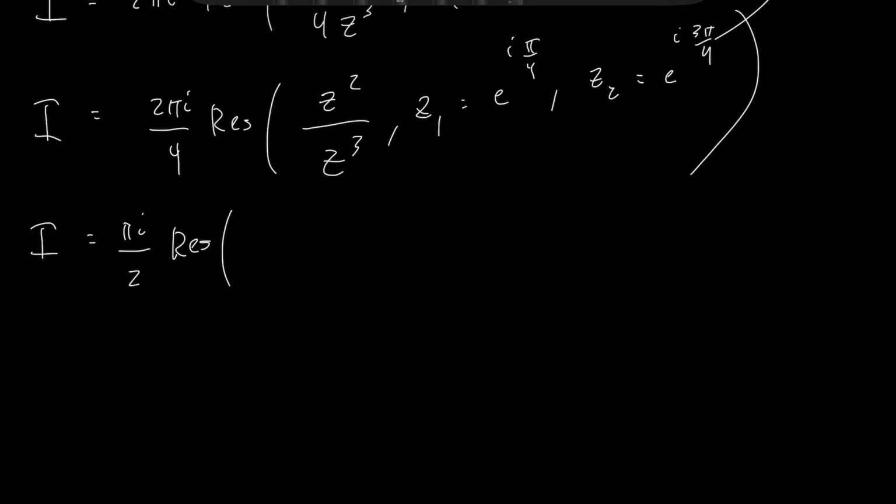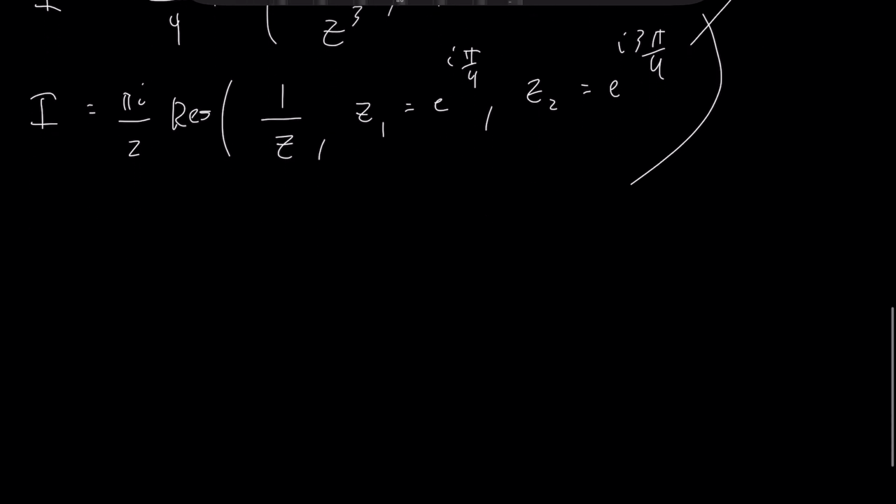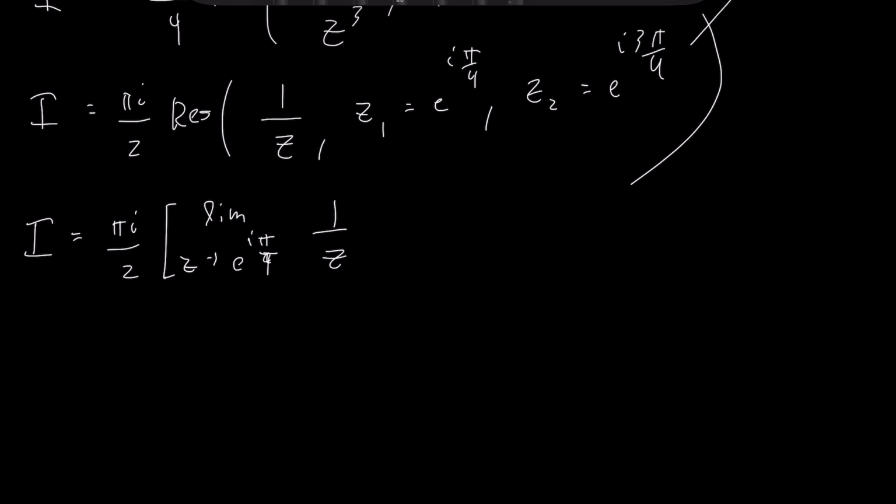We have the residue of, this will turn into 1 over z, and z1 is e to the i pi over 4, z2 is e to the i 3 pi over 4. So now all that's left is to evaluate the limit and sum these residues up. So you have the integral is pi i over 2, and then the limit as z approaches e to the i pi over 4 of 1 over z, plus the limit as z approaches e to the i 3 pi over 4 of 1 over z.